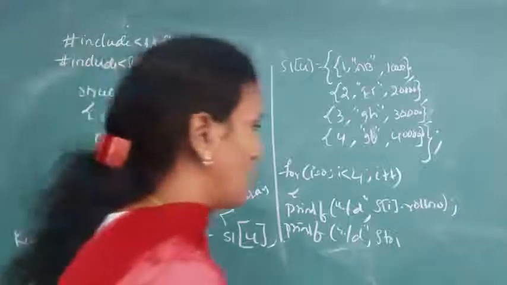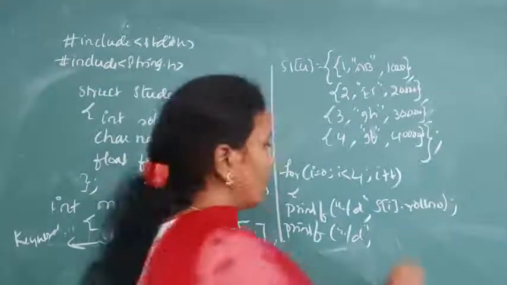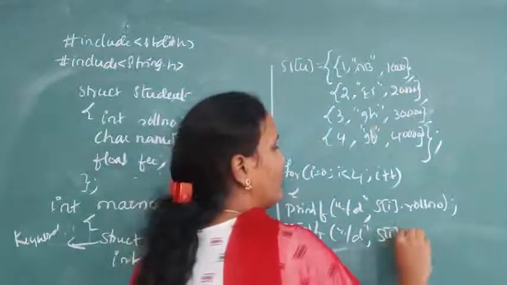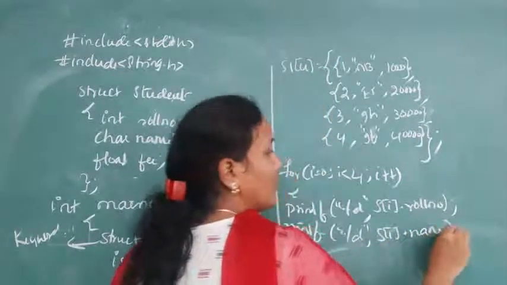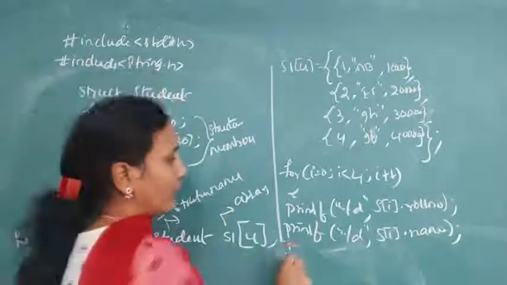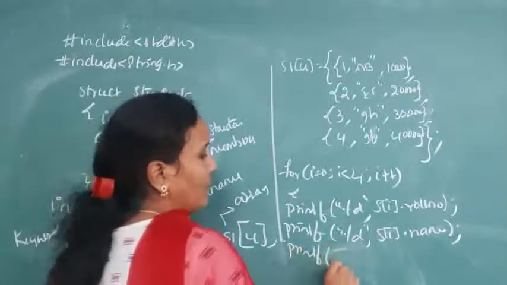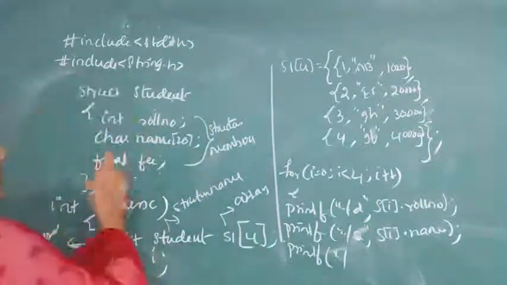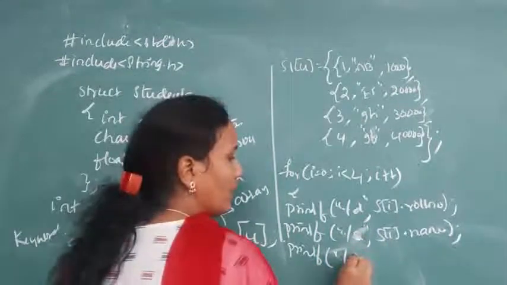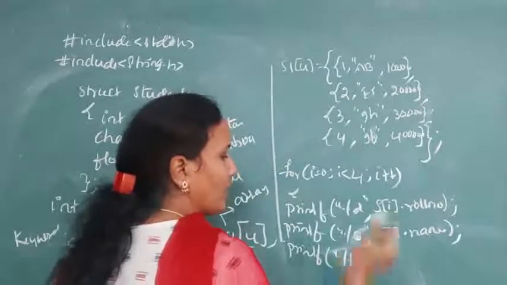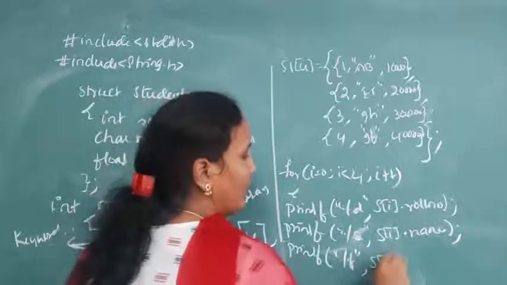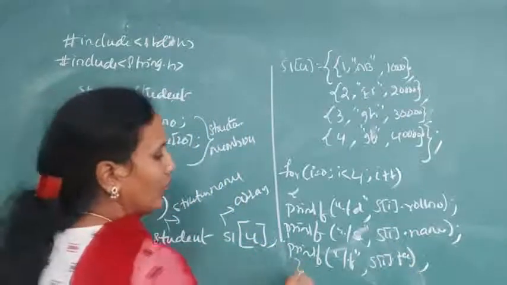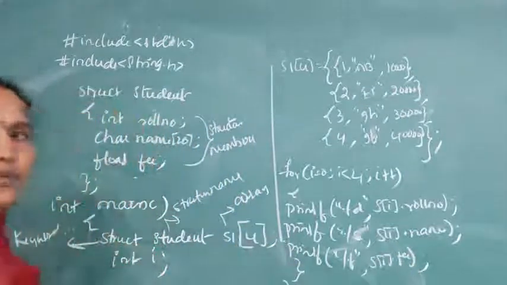Si dot name. Okay. Now the next one is printf, the third one, float %f, Si dot fee. Closing the loop, closing the main function.